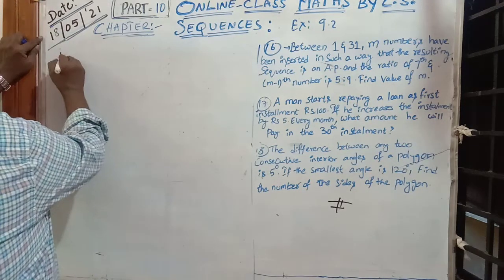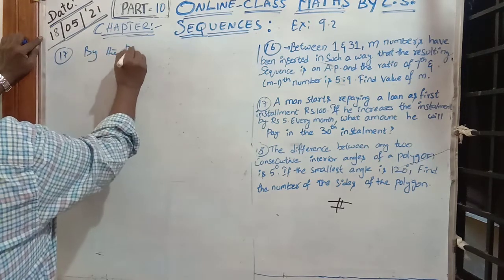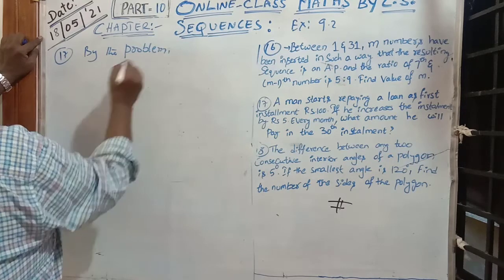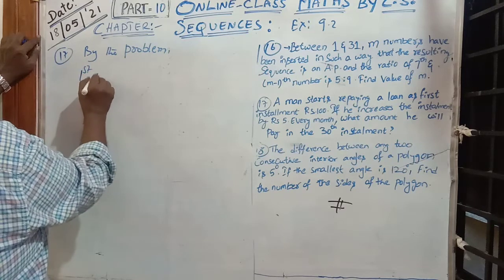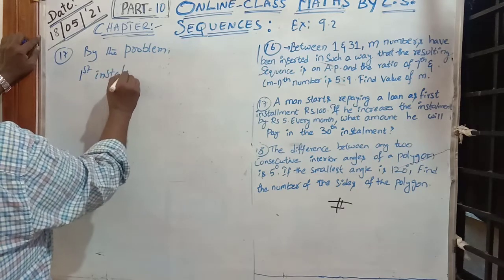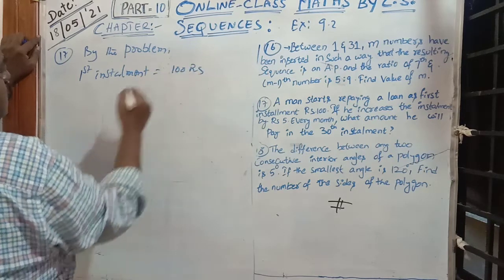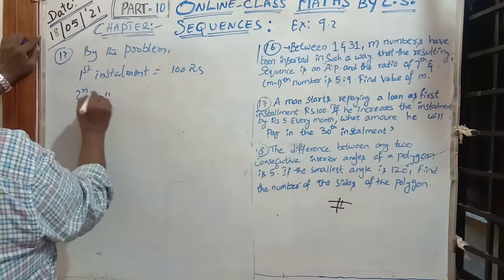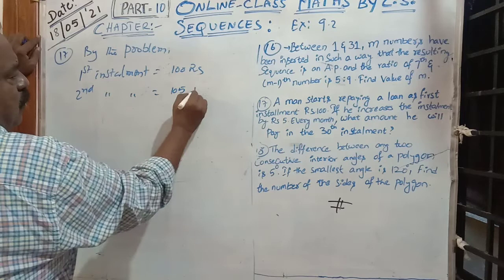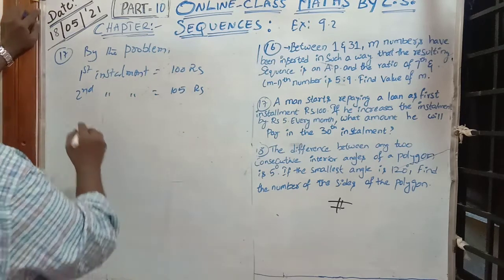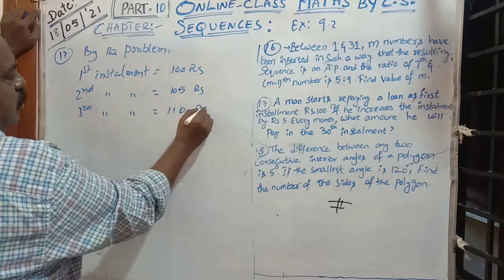You see, by the problem, first installment is equal to 100 rupees. Second is 105, okay? 5 rupees increase. Third is 110.